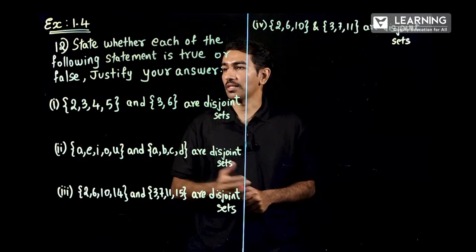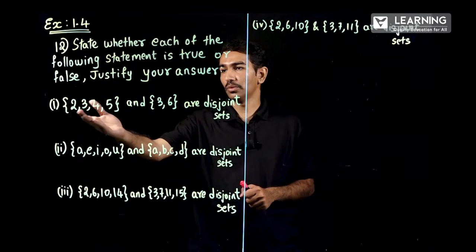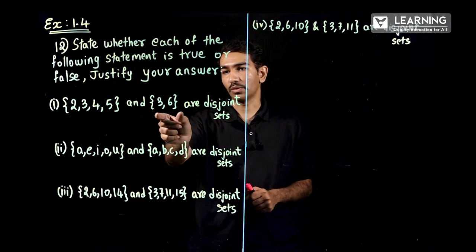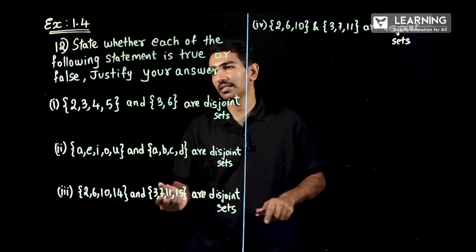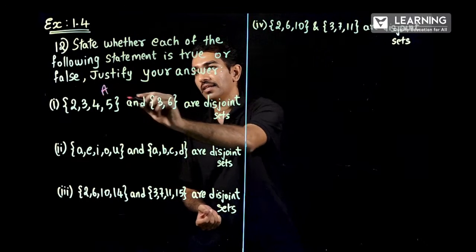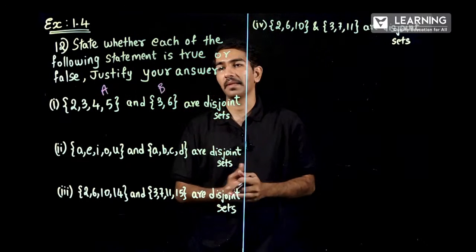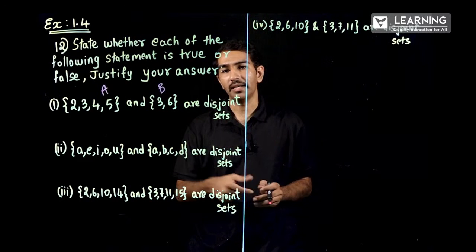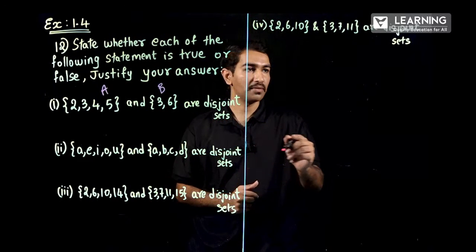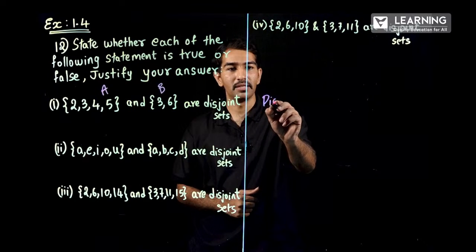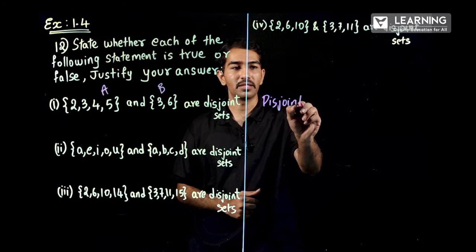The very first sub question, 2, 3, 4, 5 and 3, 6. Two sets are given. Let us consider this as set A and this as set B. They are telling that set A and set B are disjoint sets. So what is the meaning of disjoint sets, students?